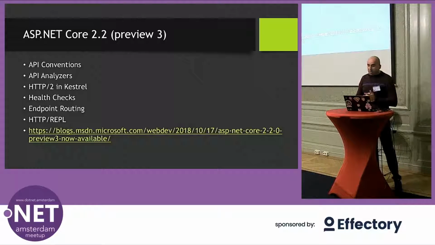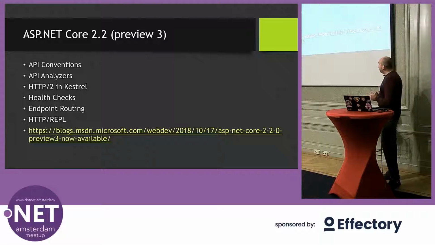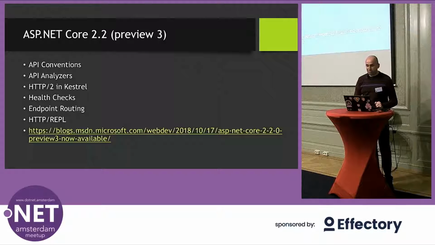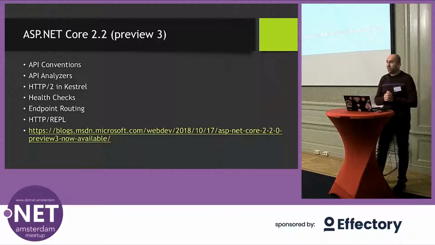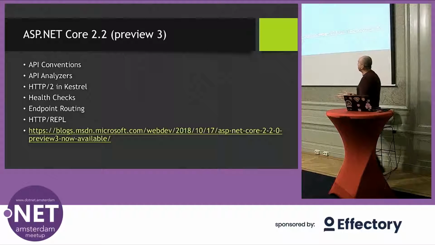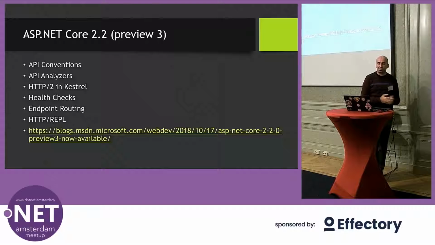Then another new thing is HTTP2 support for Kestrel. Again, a low-level thing, but it helps us with performance. We also have health checks. Health checks are kind of a new thing, and they are usable when you have microservices.